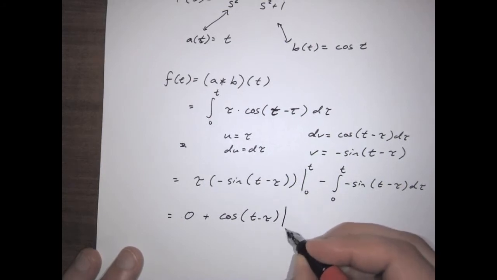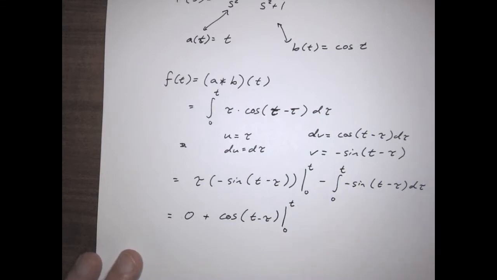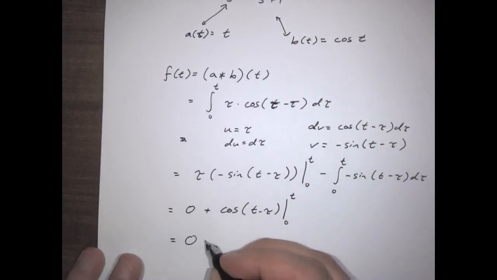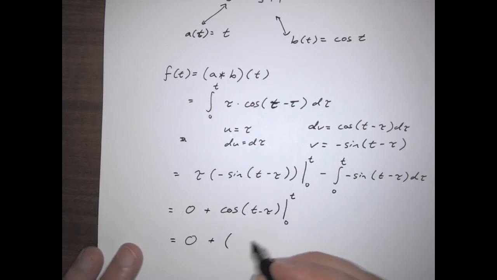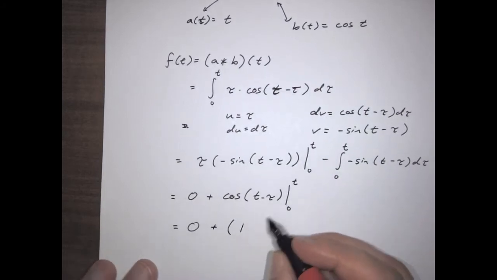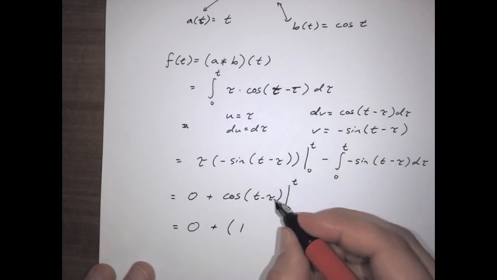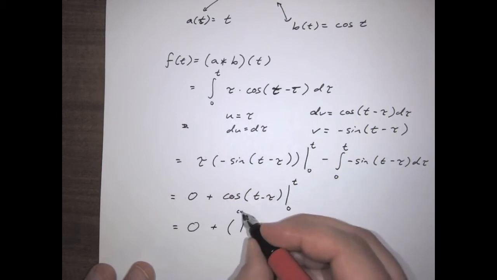And that's going to be plugging in at 0 and t, which is going to equal 0 plus, now here, plugging in a t, so if tau equals t, then that's going to equal cosine of 0.